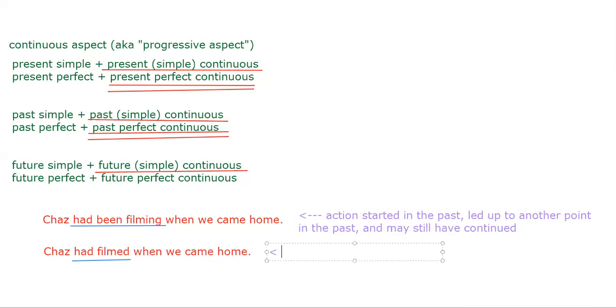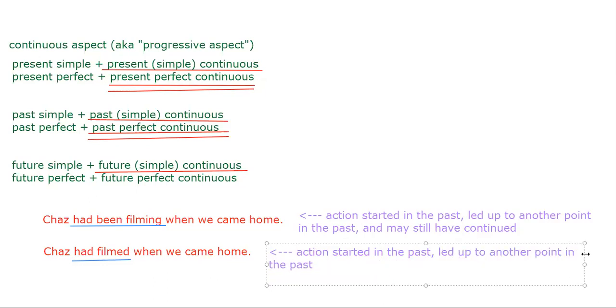Whereas this one means the action started in the past, led up to another point in the past. And in this case, the other point would be when we came home. And then, but stopped right there.